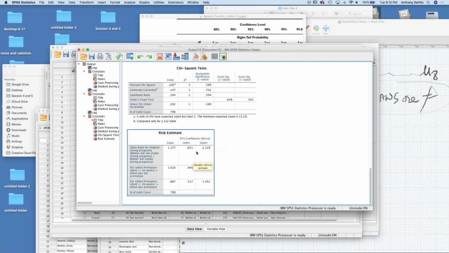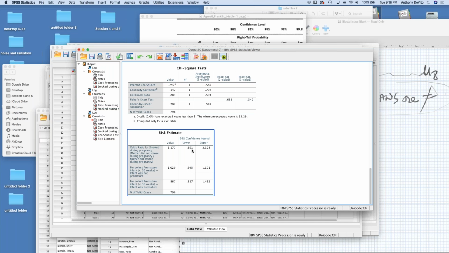But if I look more carefully, the confidence interval for this is 0.65 to 2.12. In other words, we're 95% sure the true odds ratio is between 0.65 and 2.1. Well, what does that tell us? That tells us that it could be 1. Odds ratio 1 means that there's no difference in the odds of having a premature baby if you smoke versus if you don't smoke.